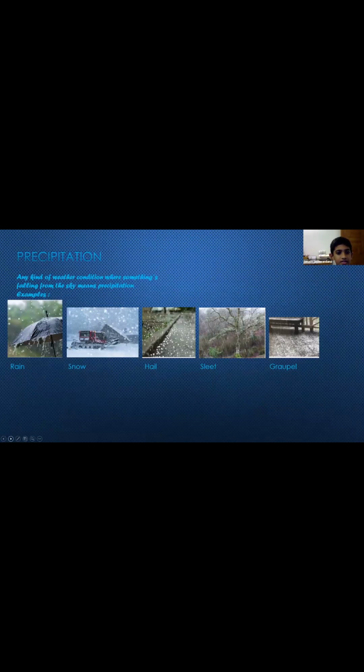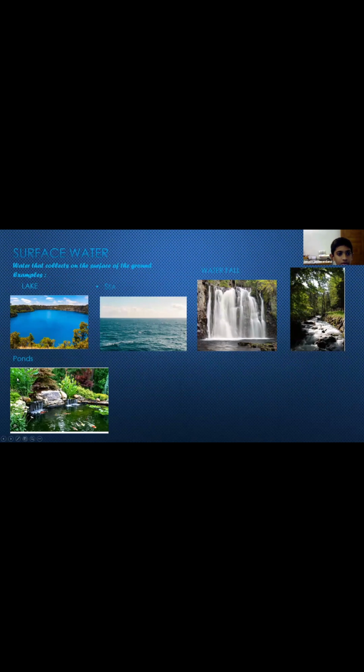Where something is falling from the sky means precipitation. Precipitation. Examples: rain, snow, hail, sleet, droplet. Surface water. Water that collects on the surface of the ground.